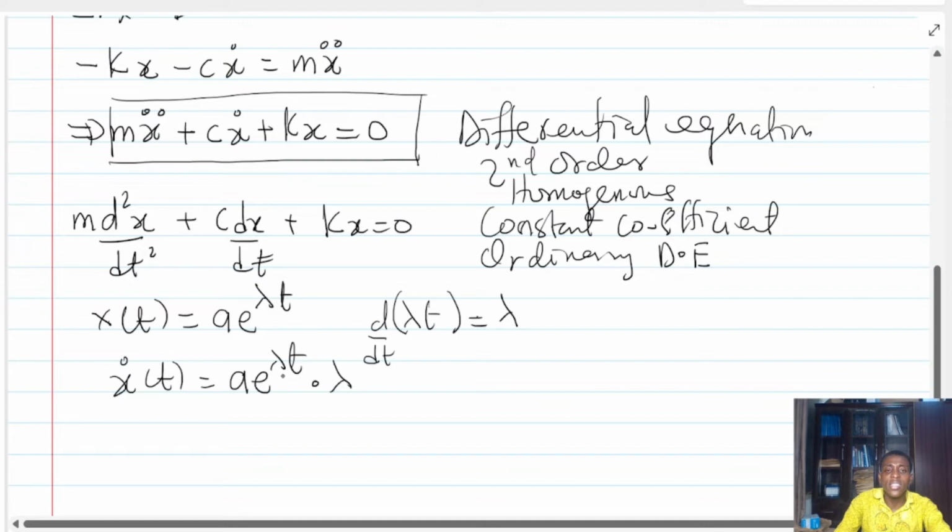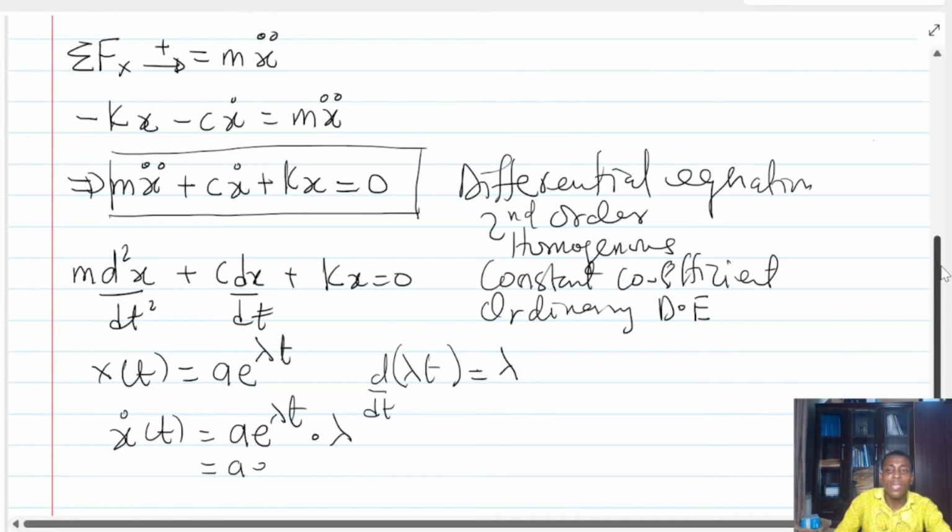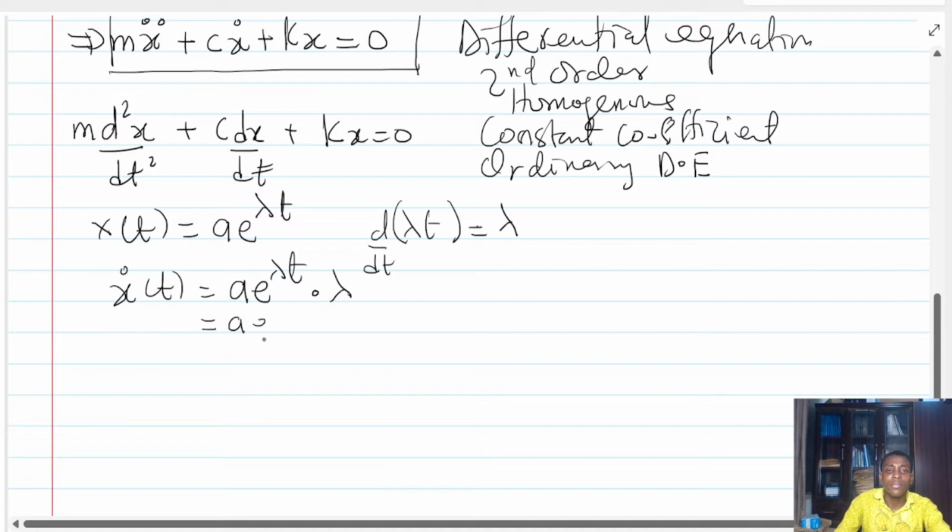So you have copied and pasted the function, and you have multiplied by the derivative of the exponent, and you are going to get a. So for the first derivative, I'm going to get a lambda e lambda t. Is that right?